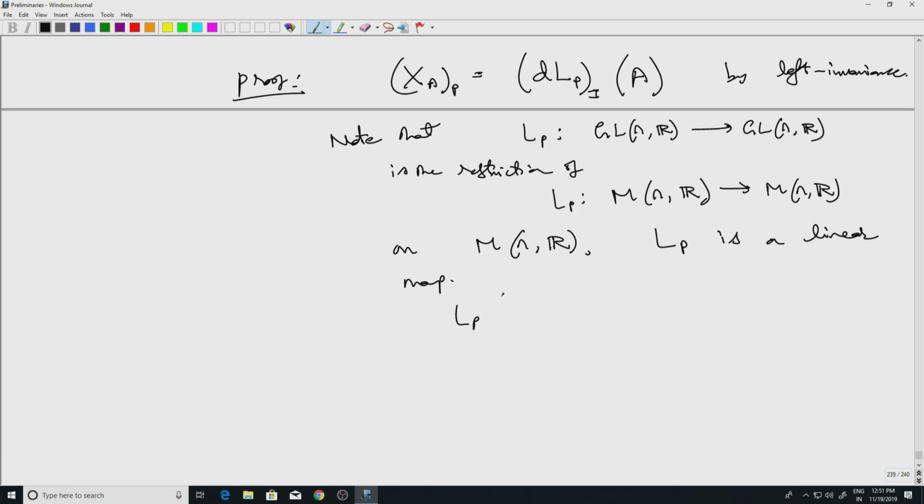L_P of A is just PA, so it's of course linear in A. Therefore, the derivative of L_P at any point Q is equal to just the map itself, at any Q in M_n(R).